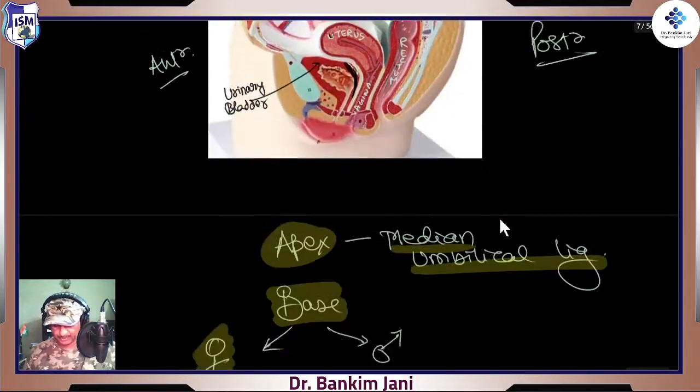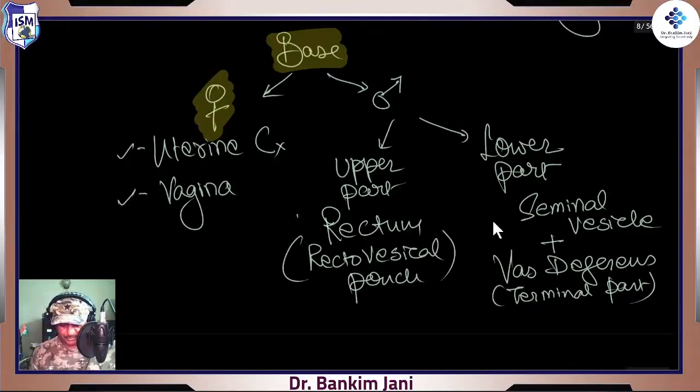So over here, upper part, rectum: that is the rectovesical pouch, the pouch which is between the rectum and the urinary bladder. Bladder is also called vesicle. Vesicle means container, right? So that's the pouch. And the lower part is the seminal vesicle plus vas deferens, because that's where these things will be collectively entering into the prostate and finally into the ejaculatory duct.